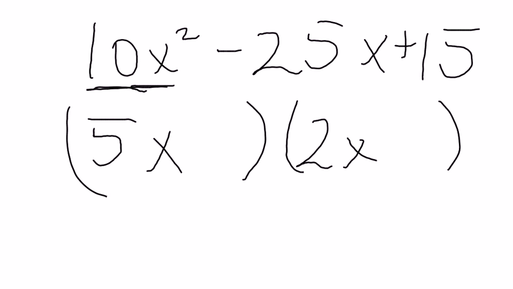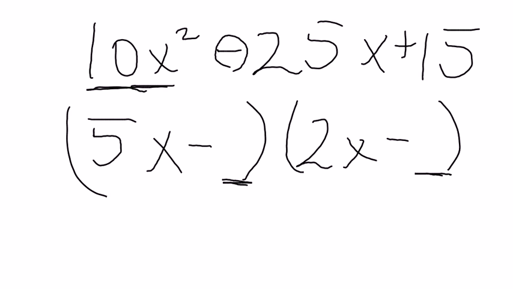Let's see, it's got to be the same signs. But we got this negative in here, so they got to both be negative. All right, so 5 times what is it going to be? 3 or 5 here, and then subtract 2 times this is going to give me 25. Okay, well, I can try, so I'm going to use 5 and 3.